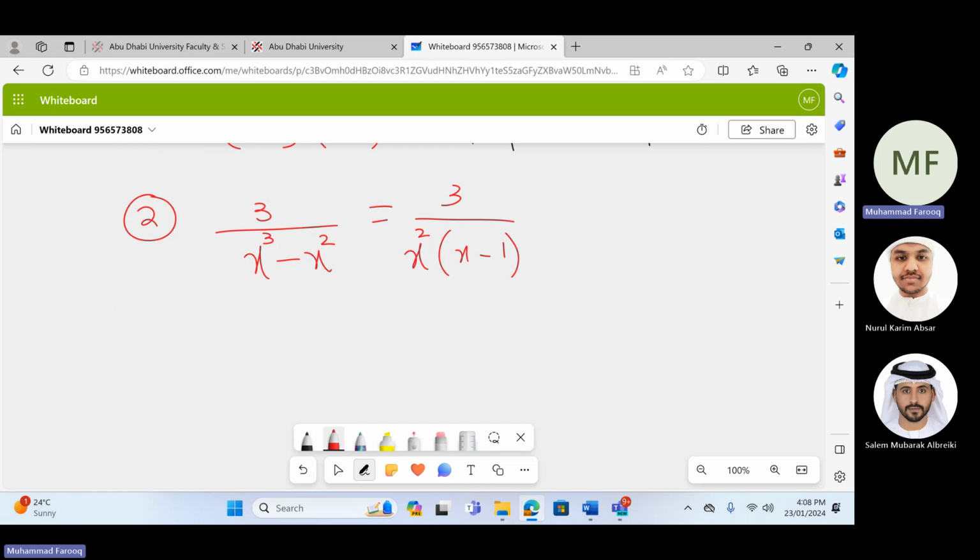But in this topic, we say that this is a repeating factor. How many times is x repeating here? Two times. So when you write that decomposition, this is the second case: linear factor repeating. Now write the decomposition 3 over x squared into x minus 1. X squared is not quadratic, it is basically x times x.